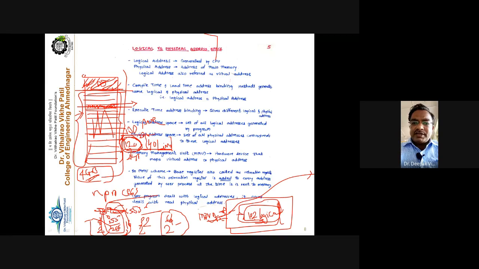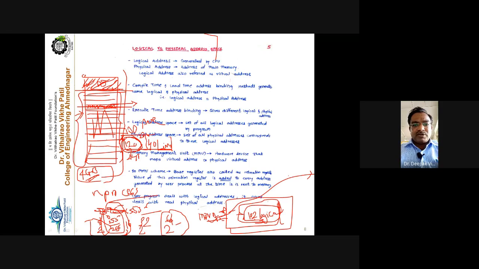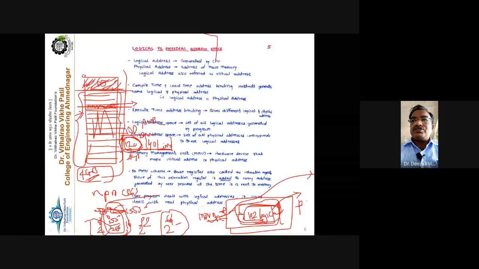When you are loading that instruction into the main memory for execution, it has some physical address, because main memory has its own physical or actual address. So the logical address generated by your CPU must be converted into the actual or physical address, right?